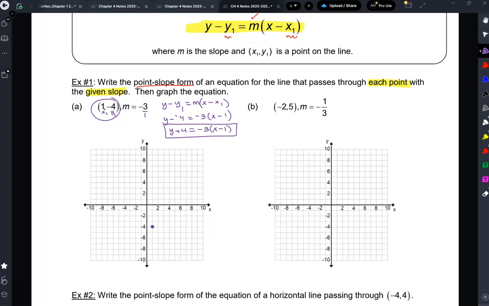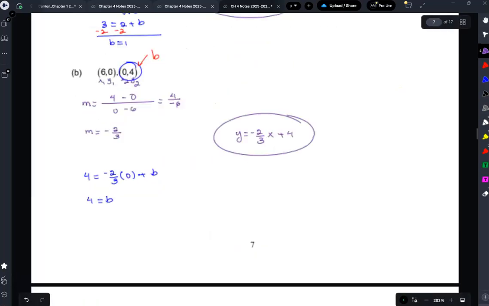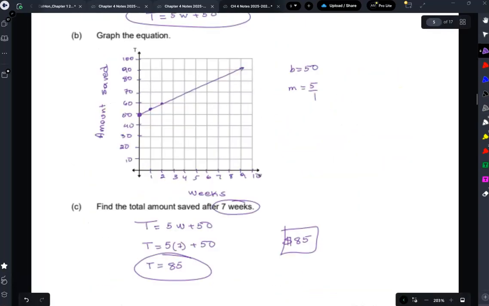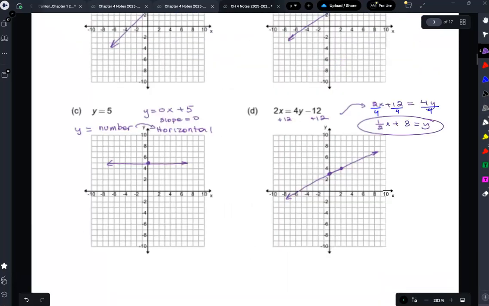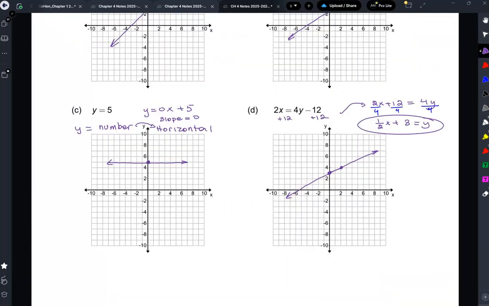So I'm going to go down 3 over 1. And then I have 2 points and I can graph my line using a ruler. Okay? So same as before. Before we put a point, then we did the slope, right? Here too, we're putting a point, then we're doing the slope.